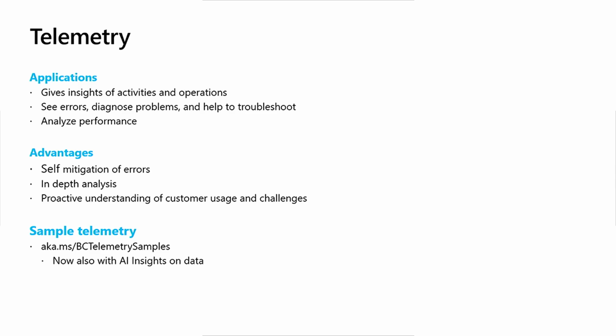If you're not very familiar with it and want to get started, you can check out our link at aka.ms/BCTelemetrySamples, where we have some sample telemetry, and you can use it to play around with it, get a feel of what it looks like, and perhaps use it for your own scenario.